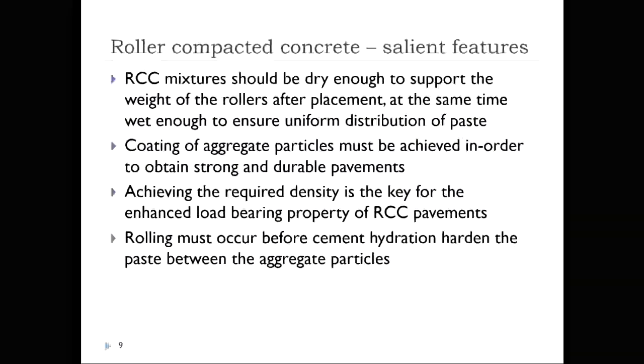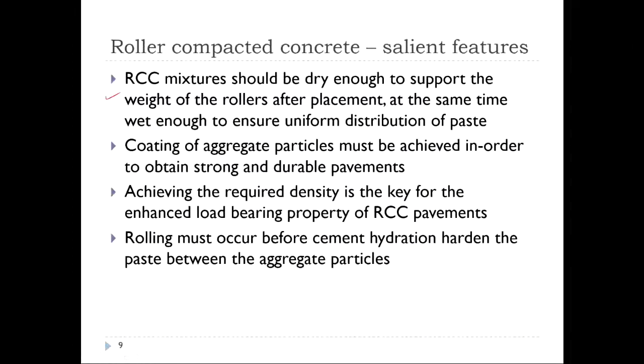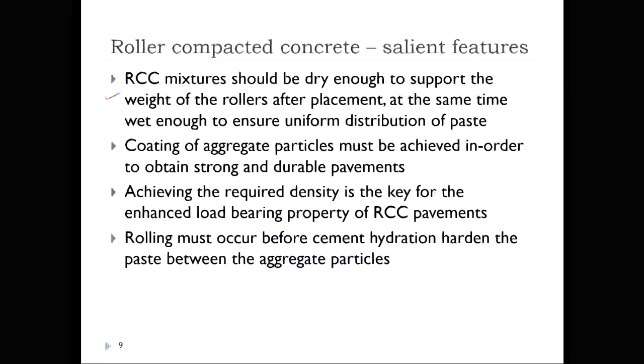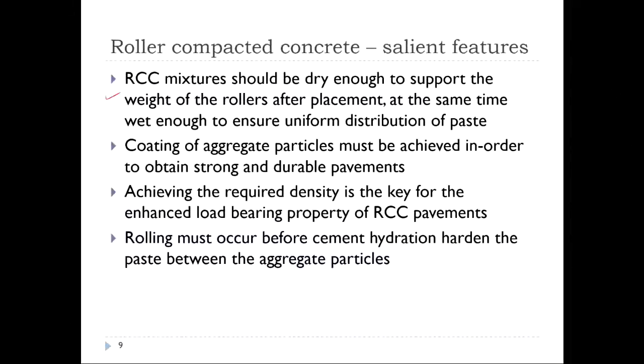Again, I think this point comes again. Now, the coating of aggregate particles must be achieved in order to obtain a strong and durable pavement. And in the case of roller compacted concrete pavement, the main key is to achieve the required density. So the quality control checks in the case of a roller compacted concrete pavement will be in terms of the relative densities, whatever we are able to achieve under the action of the roller.